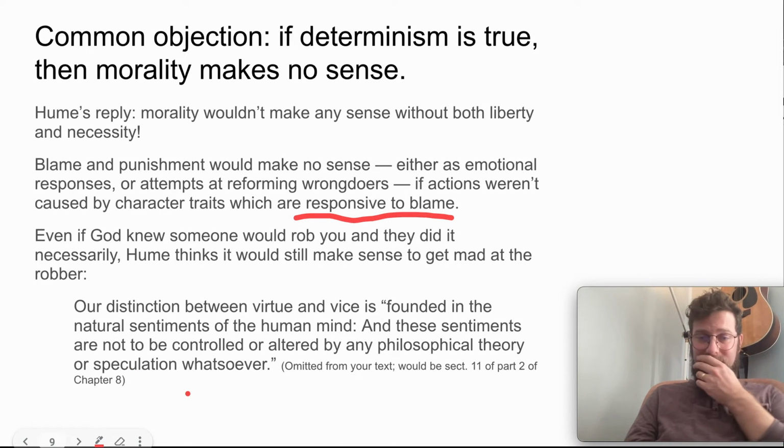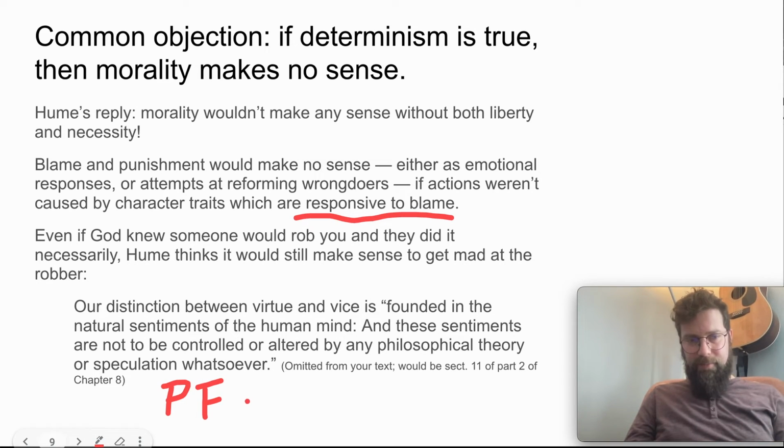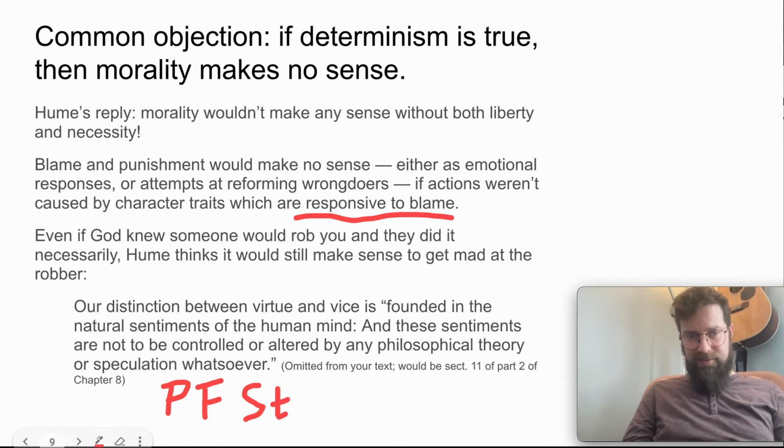In fact, I would submit that this is an interesting philosophical insight, and it precedes a very famous 20th century paper by the philosopher P.F. Strawson. P.F. Strawson wrote a famous paper called Freedom and Resentment.